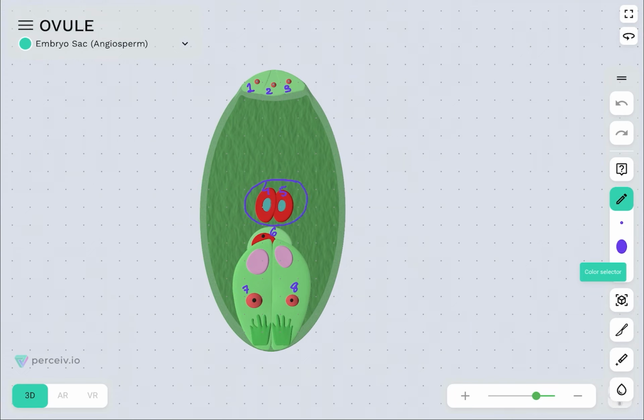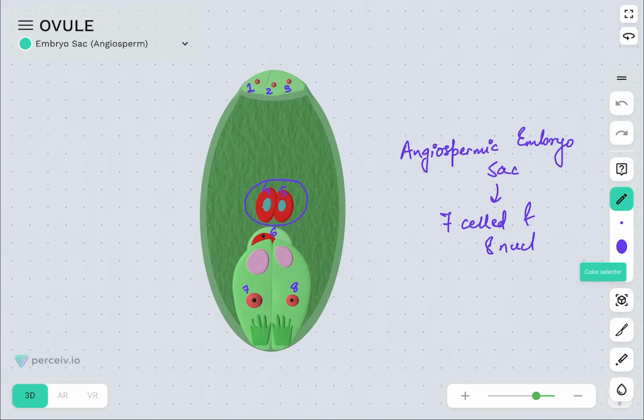The central cell is a single cell, but the nucleus that it has is 2 nucleus. That's why a typical angiospermic embryo sac is 7 celled and 8 nucleate, having 8 nucleus condition. So it is having 7 cells and 8 nucleate condition.